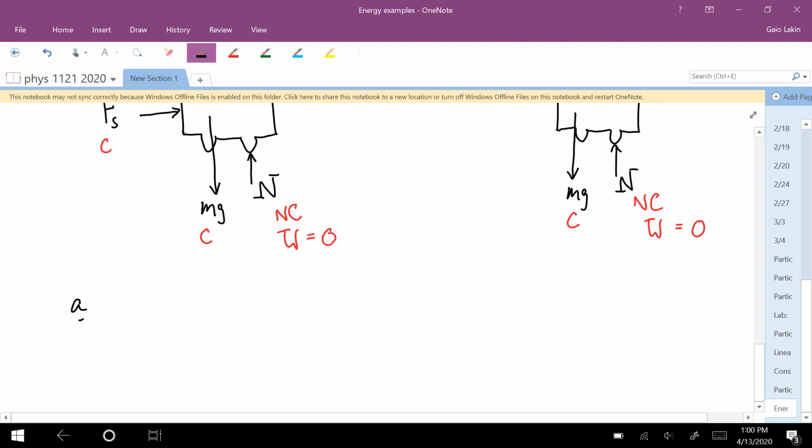So for part A, our instant one is when the spring is pulled back.